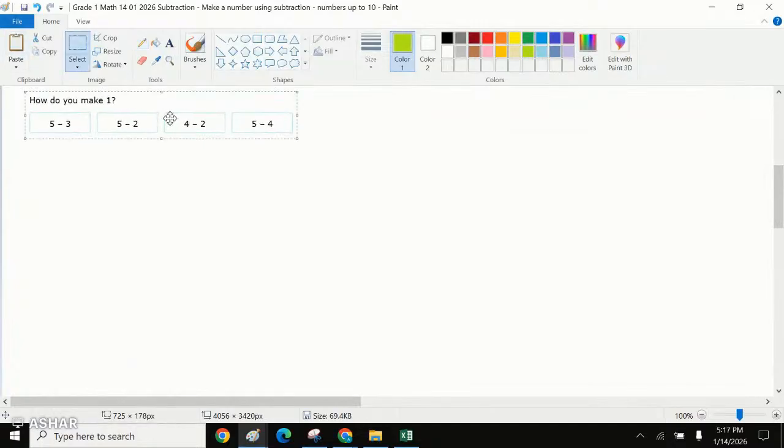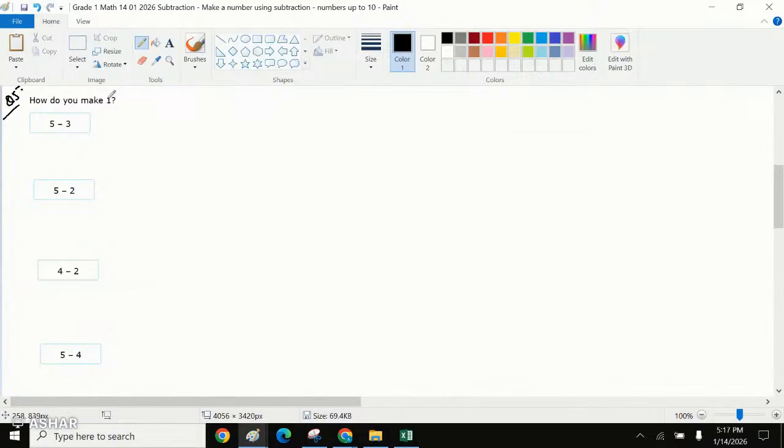how do you make a 1? With the given options here are 5 minus 3, 5 minus 2, 4 minus 2, and 5 minus 4. If these are the options given to us, we need to see which value would make a 1.